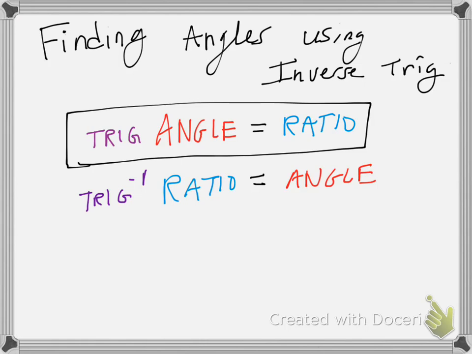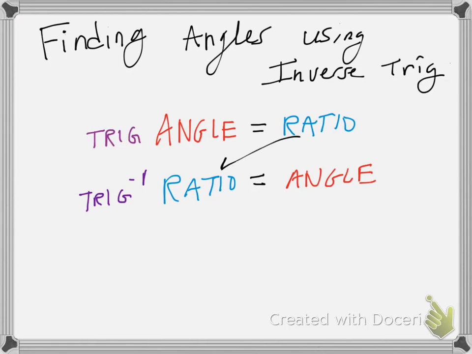Well, you can also go in reverse. You can flip-flop these around and say, okay, I don't know what the angle is. I want to get the angle, but all I have is a ratio. Well, you're not going to use trig for that. You're going to use what's called an inverse trig ratio.